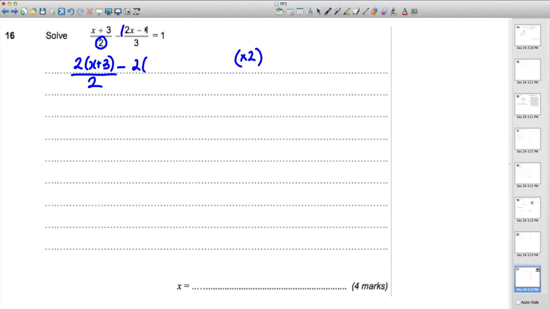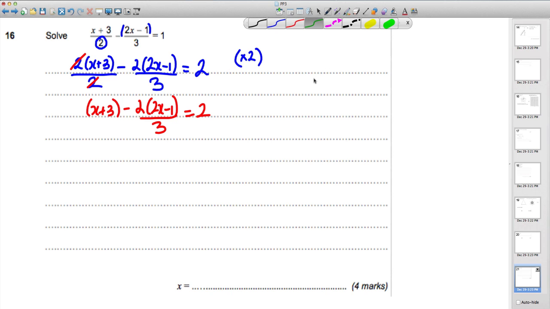Keep everything in brackets. 2x minus 1 over 3 is equal to 2 times 1, which is 2. Then you'll notice that the 2s cancel, and I have x plus 3, subtract 2, 2x subtract 1 over 3 is equal to 2. Now I decide to multiply everything by 3, to remove the 3 on the bottom.